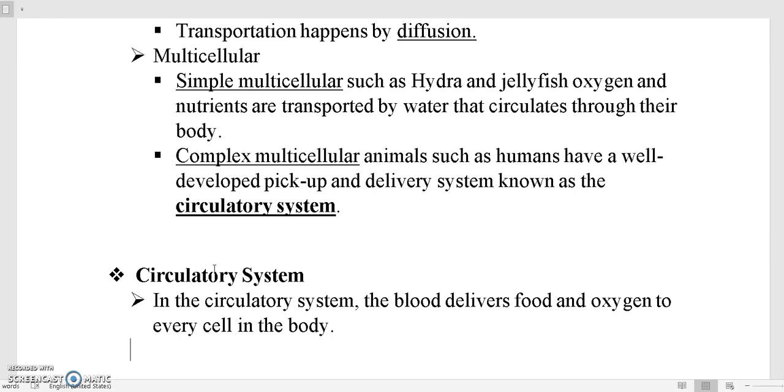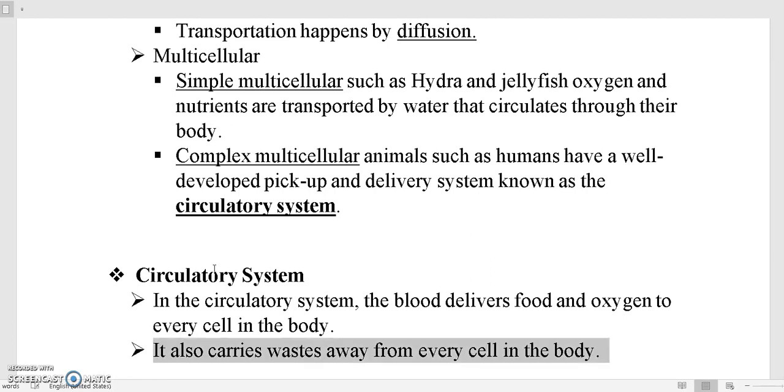And because all the cells are working, there is a production of waste, right? And how do we get rid of that waste? Is there any other system for transportation of waste? Well, no. Blood only does that. So, blood delivers food and oxygen to every cell in the body, and it also carries waste away from every cell in the body.